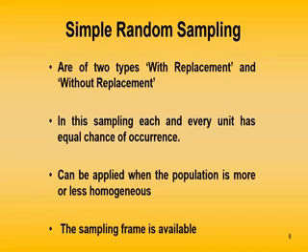Simple random sampling is done in such a way that each individual unit of the population, that means each sampling unit, is provided with an identification number, maybe a serial number, and then through a random technique they are selected from the population.